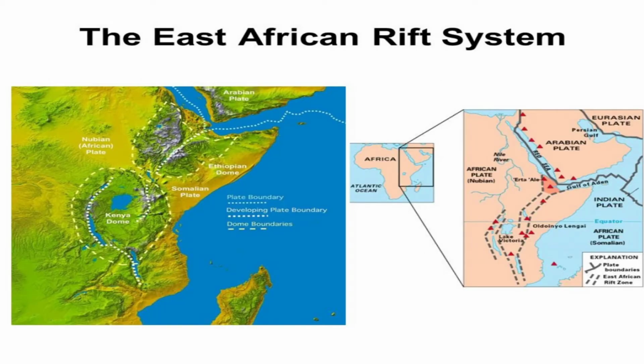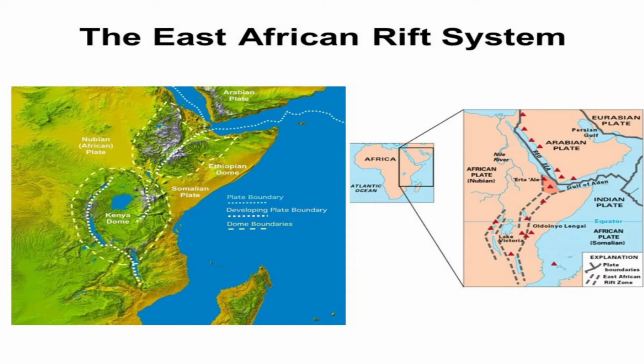Hence, the rifting of continental lithosphere is the very first stage in the splitting apart of a continent to form new ocean basins. The process is beautifully illustrated by the East African Rift Valley system.